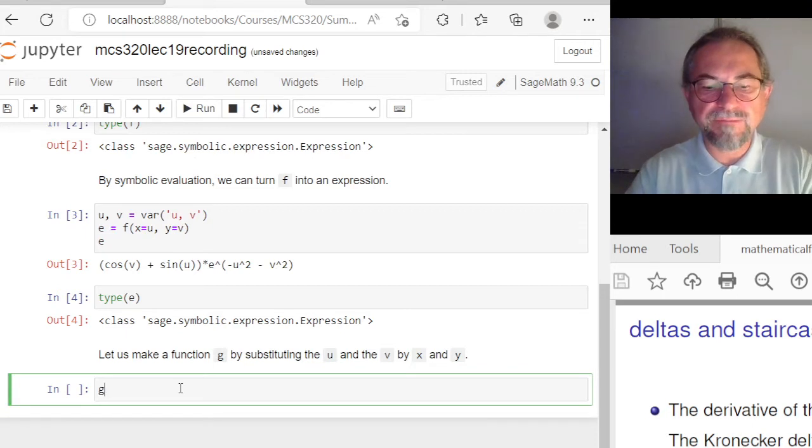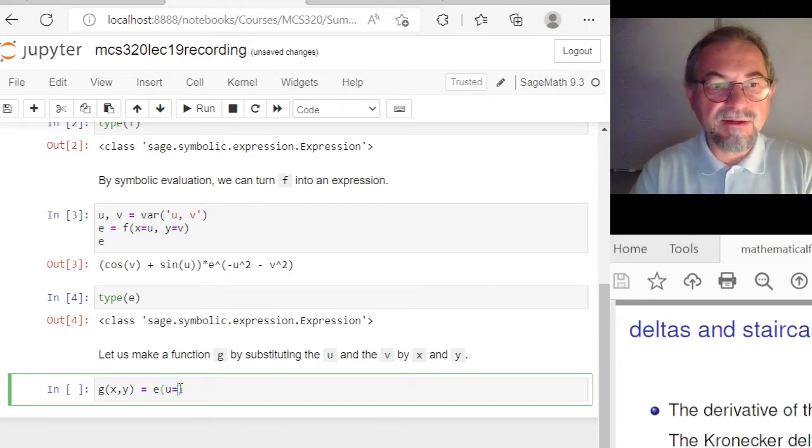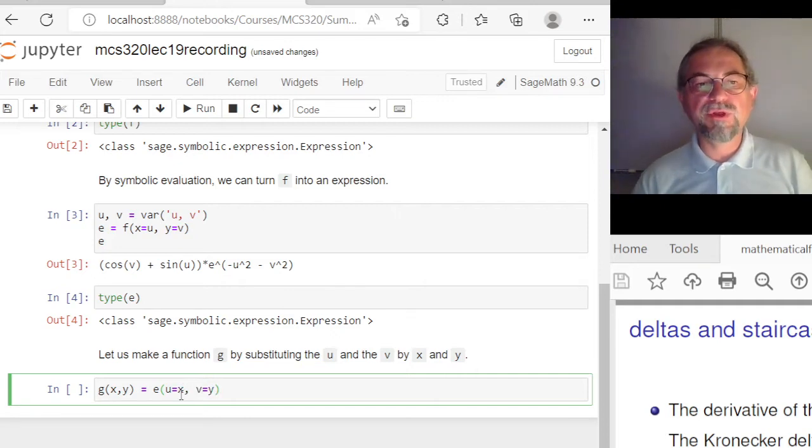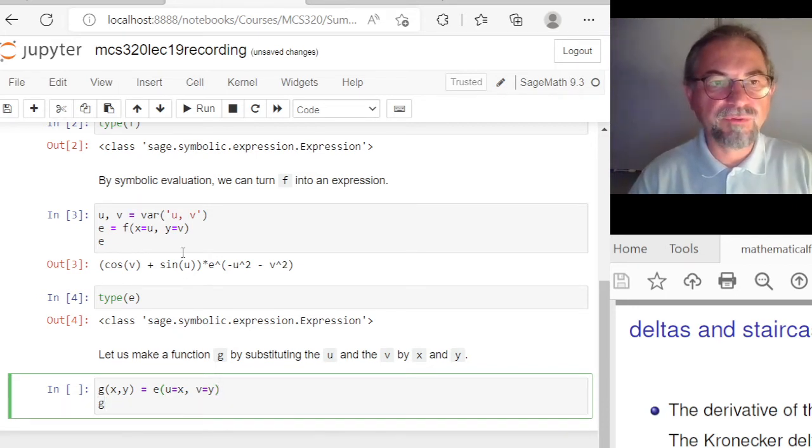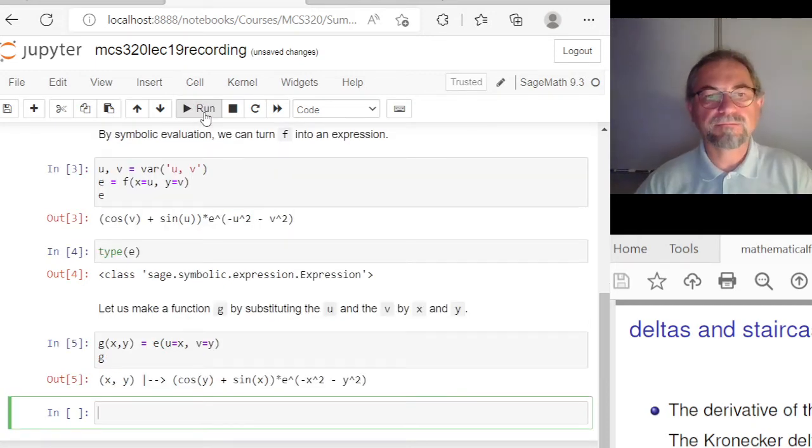So I will define a function in x and y by evaluating the expression e symbolically. Note that you have to know which is left, which is right. E has variables u and v, so I have to replace those. This is another application of symbolic evaluation. So g is again an expression, but it looks like a function.